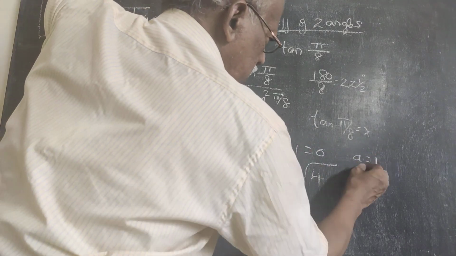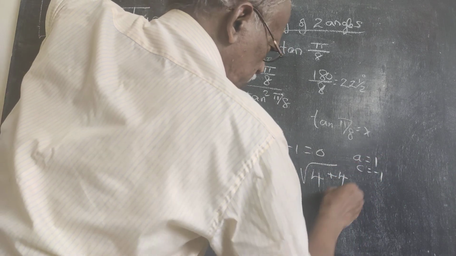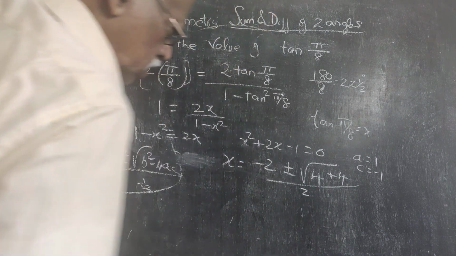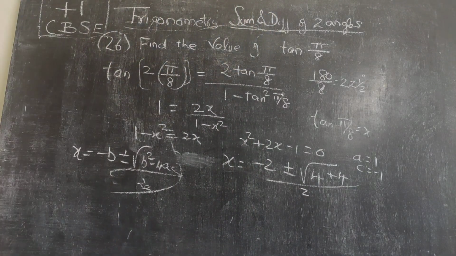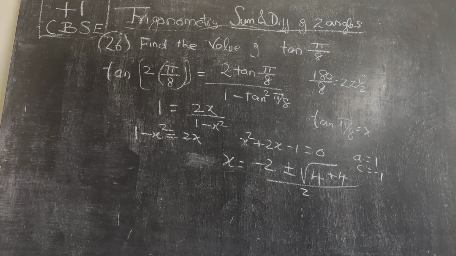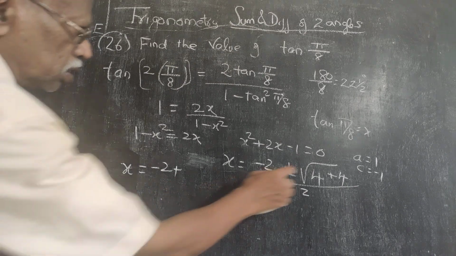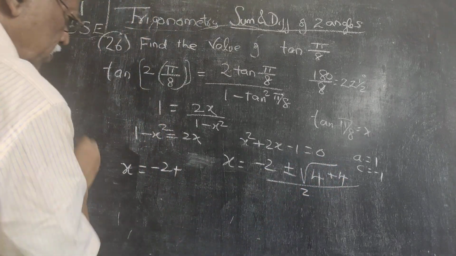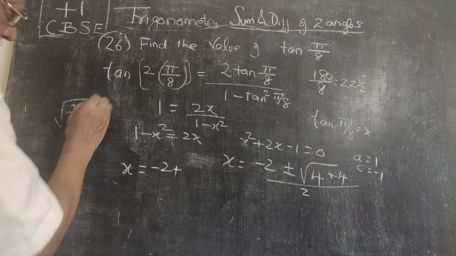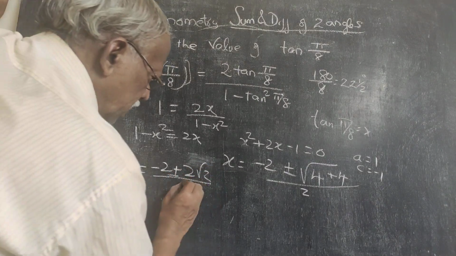A is 1 and c is minus 1, minus of 4ac, so plus 4, divided by 2a. A is 1. So x equal to minus 2 plus or minus square root of 4 plus 4, 8. Square root of 8 is 2 root 2, divided by 2.